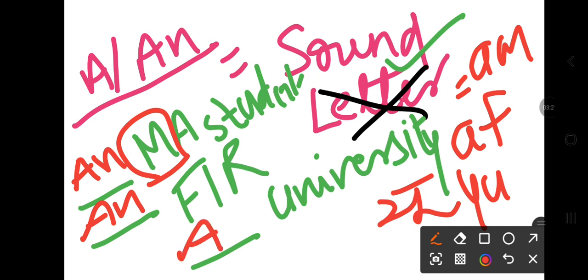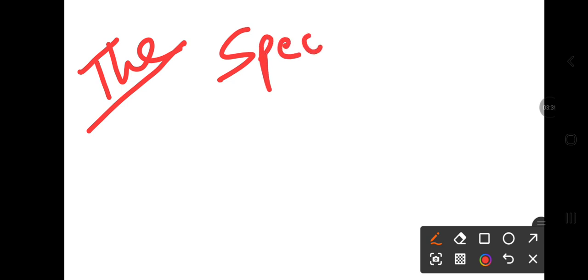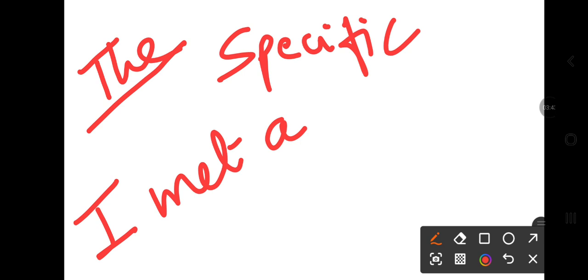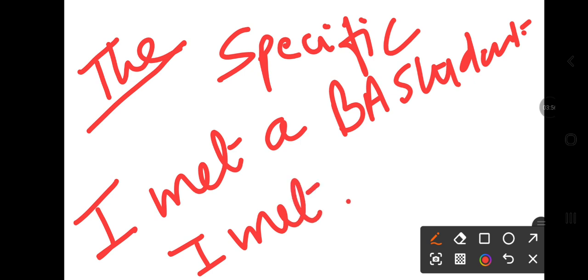So that is very basic, where we have to decide between a or an. Now as far as the is concerned, the is very simple. It is for something specific. An example is: I met a BA student in the morning, and in the second case, I met the BA student in the morning.